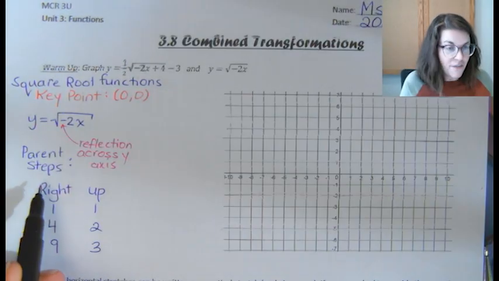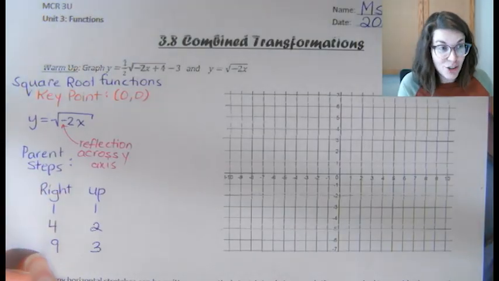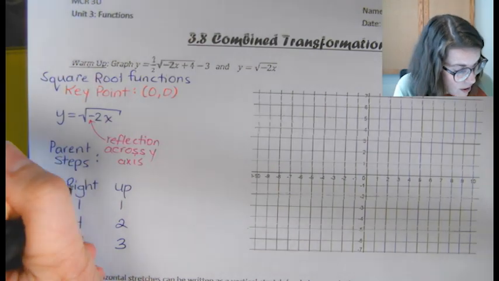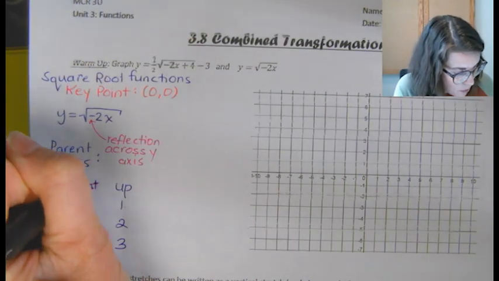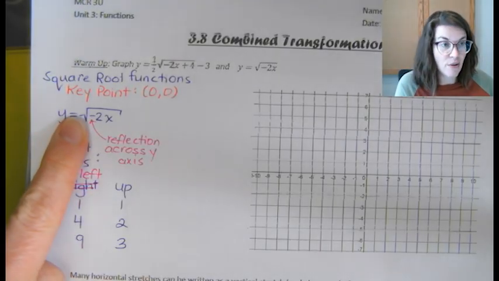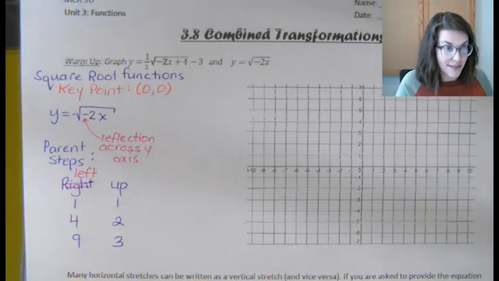So that means if it's a horizontal change, we need to change the direction we're going horizontally. So now we're not going to count right, we're going to count left. So that's how we take this negative into account, this reflection in the y-axis.